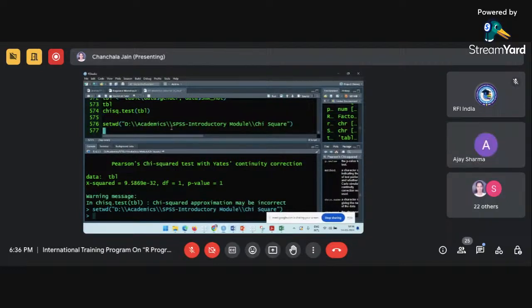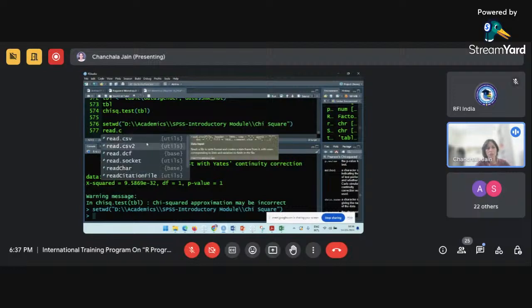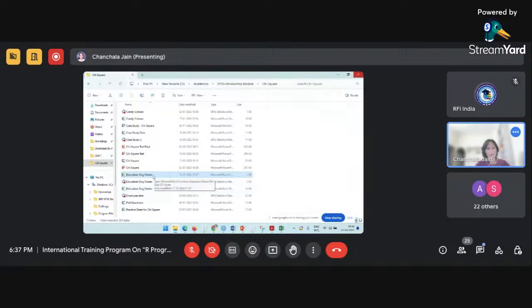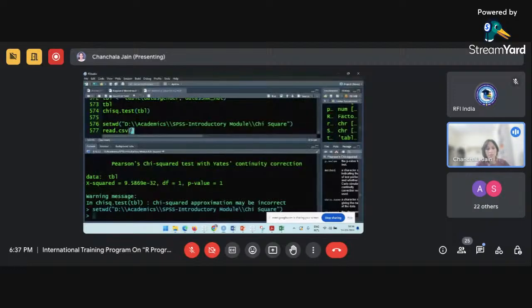Now you need to use a function called read.csv. Rather than typing, I suggest you copy the name of your file and, in double or single quotation, paste the name of your file, and after that write .csv.